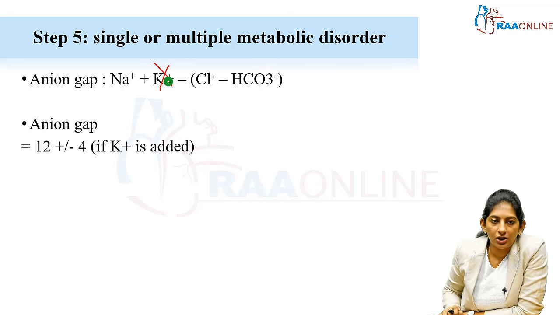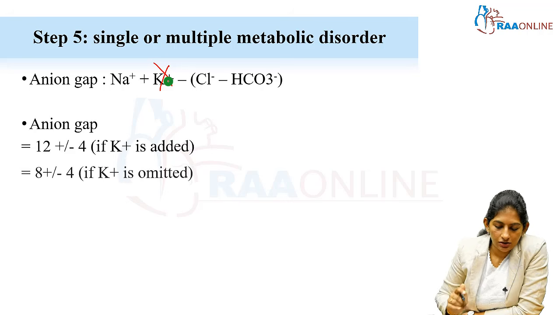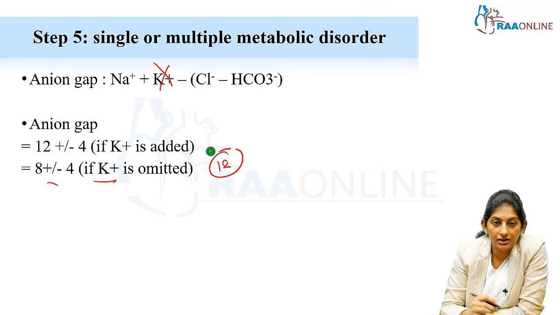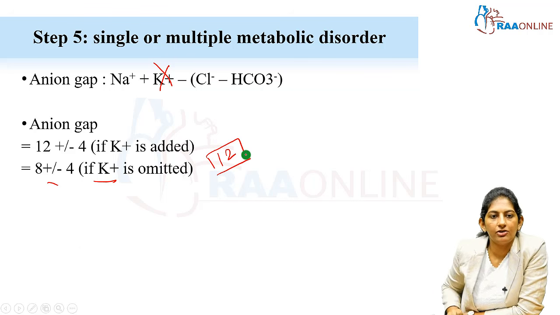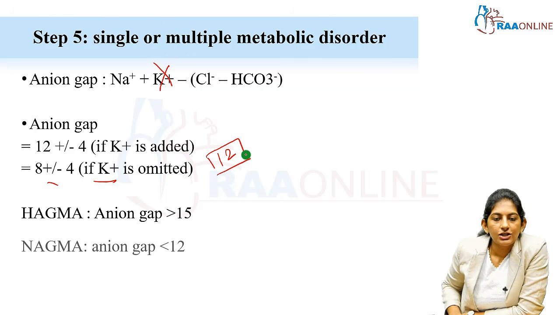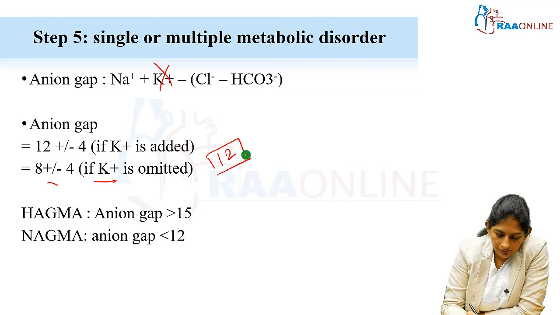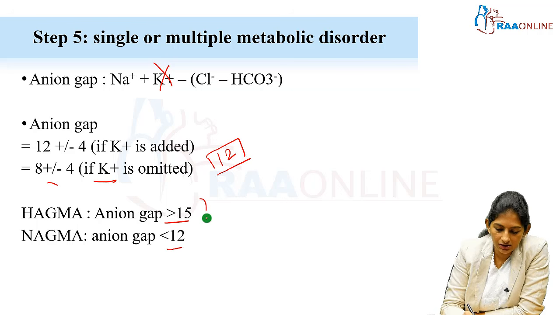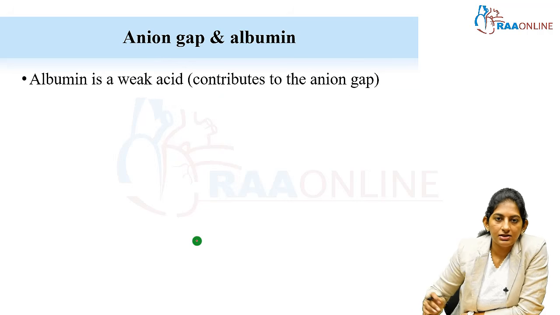If potassium is omitted, the normal anion gap is taken as 12. If the anion gap is more than 15, we call it a high anion gap metabolic acidosis. If the anion gap is normal, that is 12 or less, it is normal anion gap metabolic acidosis.